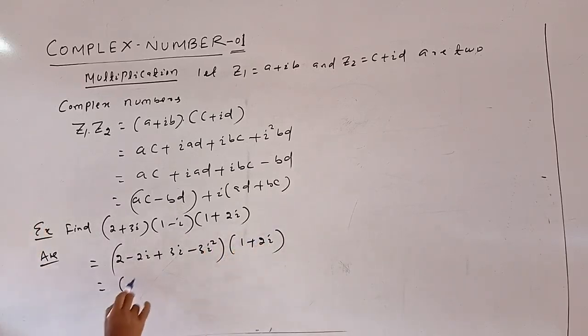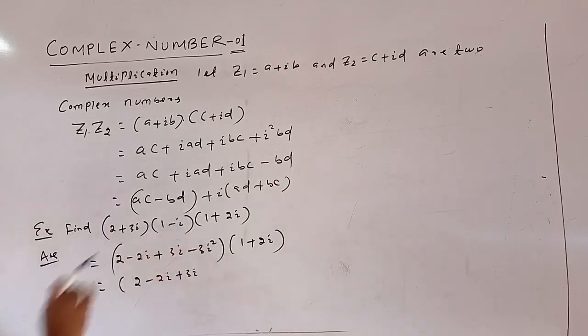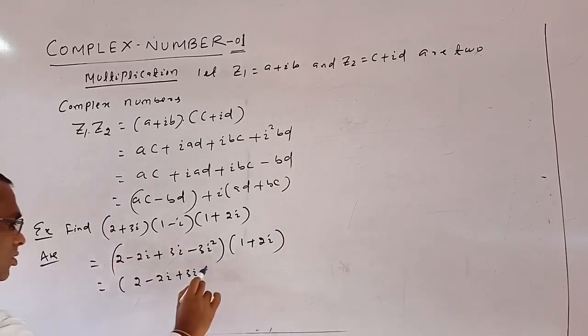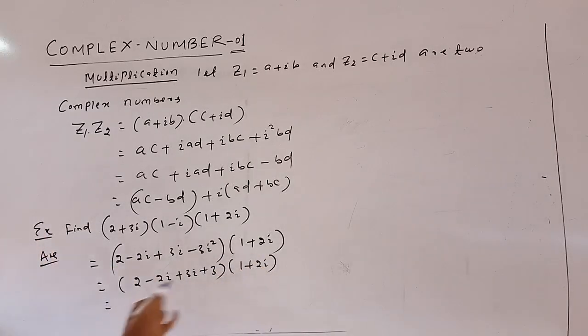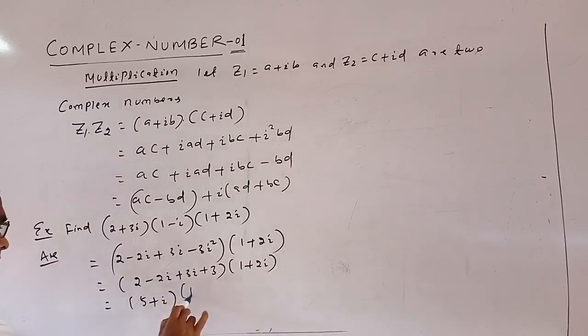Next, 2 minus 2i plus 3i, i square means minus 1, so minus into minus is plus 3, into 1 plus 2i. Next, 3 plus 2 is 5, plus i, into 1 plus 2i. Now again multiply this one.